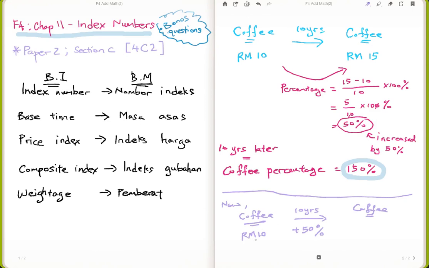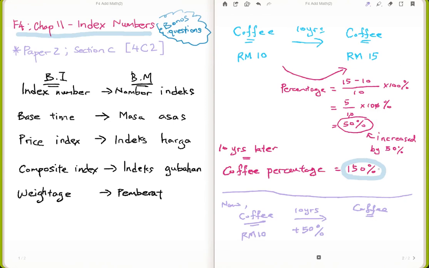If now the coffee is 10 ringgit, 10 years later, you were told that the price of coffee increased by 50%. How are you going to calculate the price 10 years later? If you were trying to find out what is 50% from 10 ringgit, then you add 10 ringgit and you get 15. Do not do that.